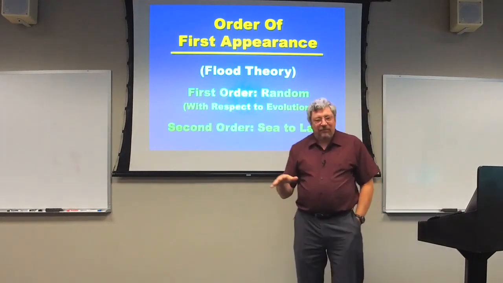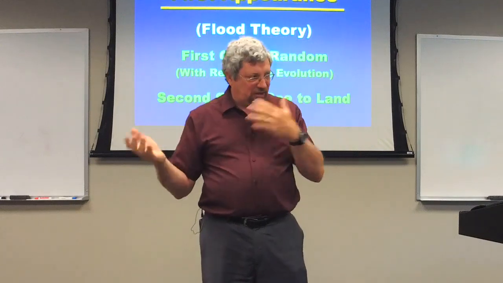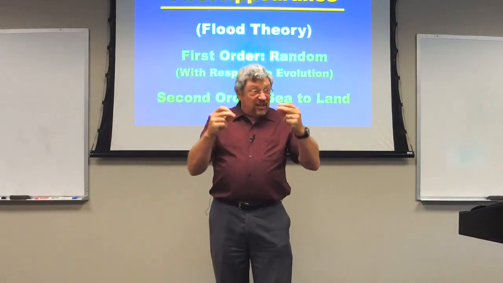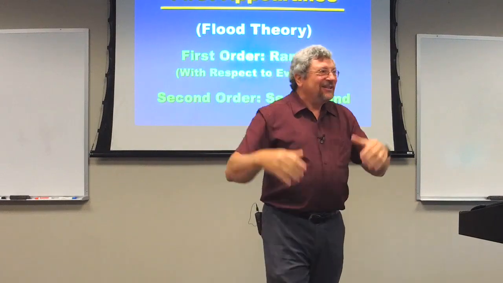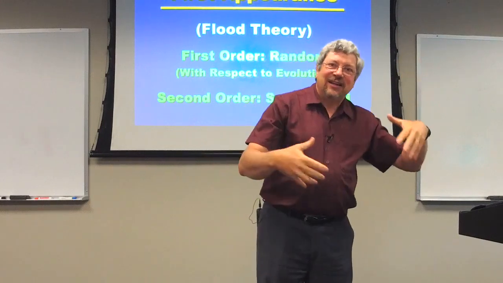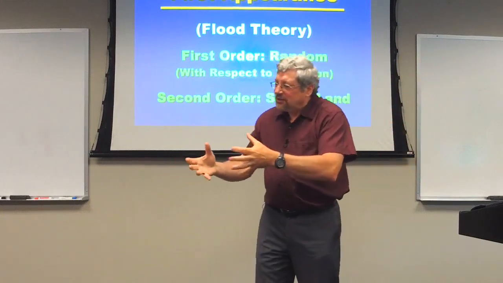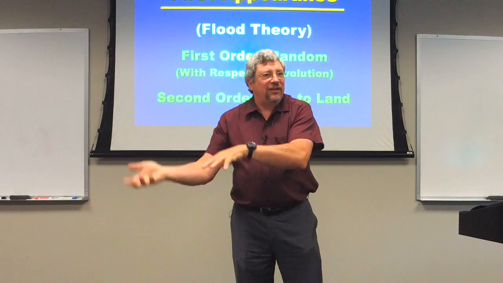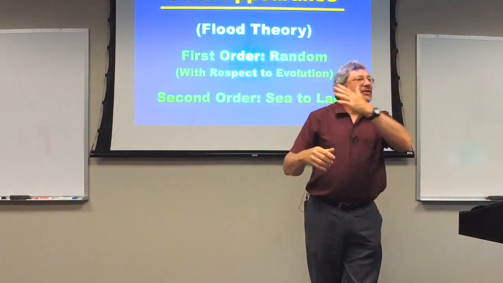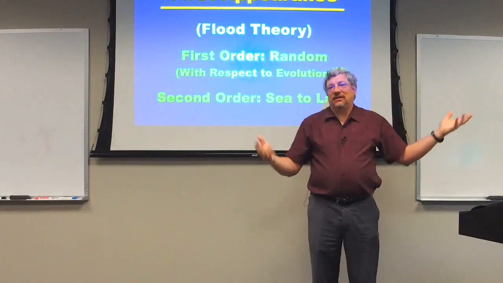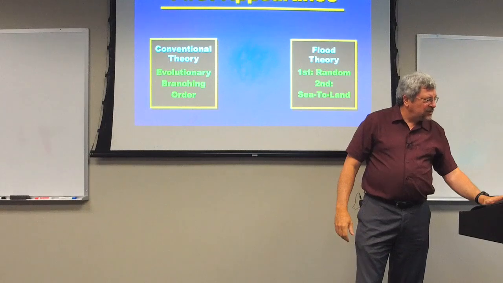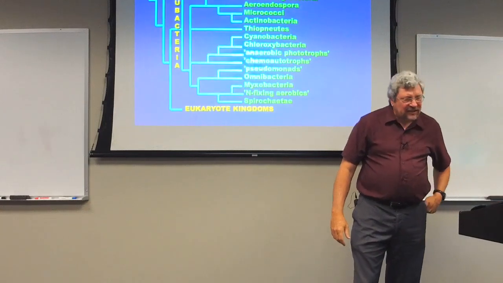If you thought about it a little bit more, you might expect, and it was commonly believed by creationists from way back, that the flood isn't an instantaneous picking up of everything on the earth. It transgresses onto the land. So you might expect that it's going to preserve things in the ocean, bury things in the ocean first, and then work its way up onto the land, burying things from sea to land. You might expect that to be a second order pattern. So there's a contrast. How do we test this?